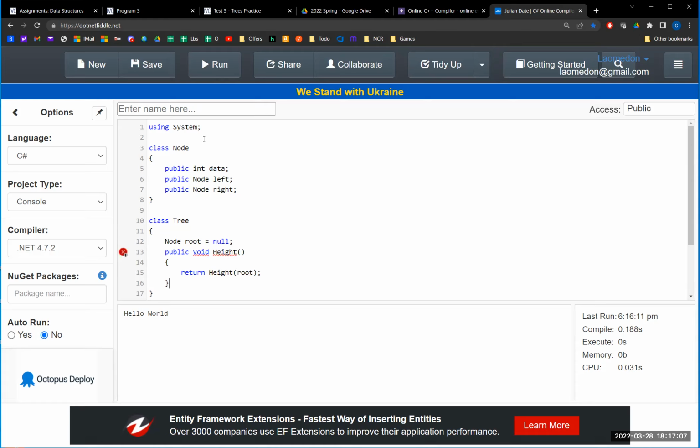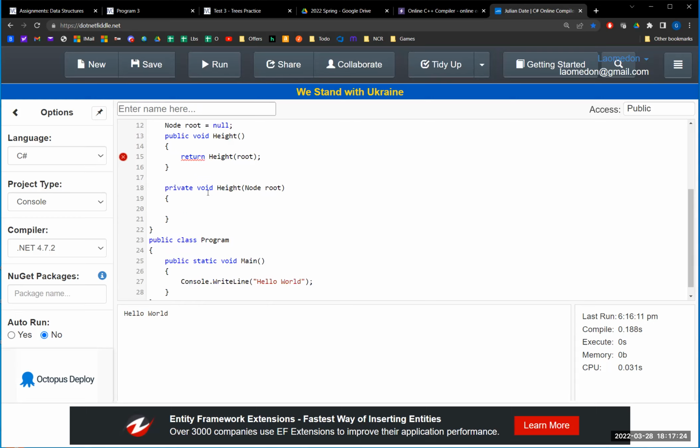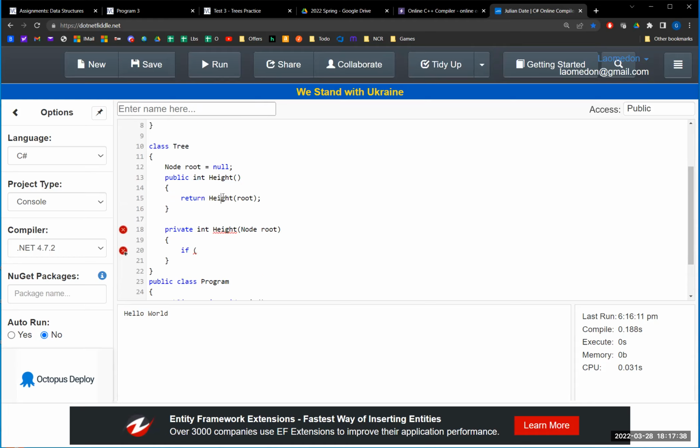Height would be just looking at how long the legs are, based off of left sides and right sides. So if there are sides, all right, no, there's two ways to do base case checking.